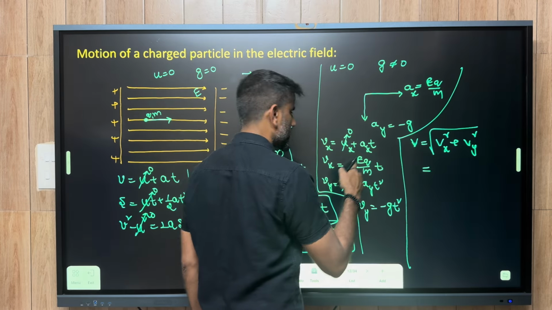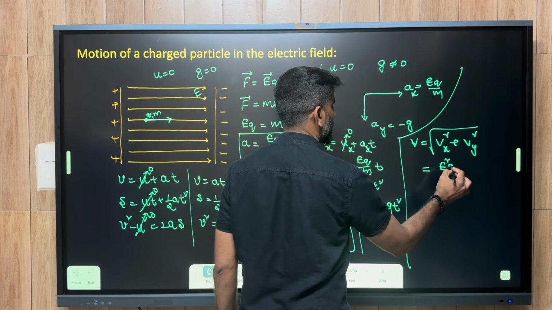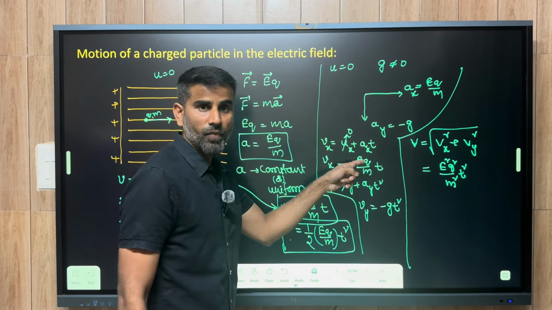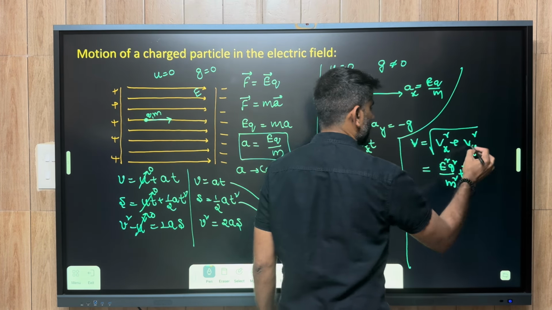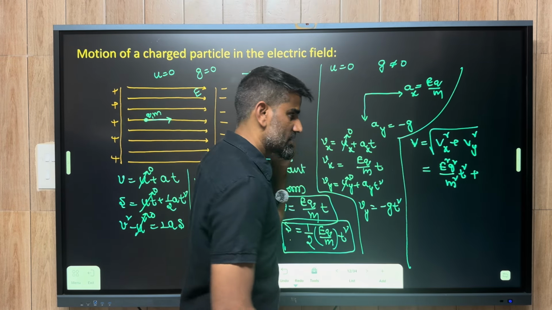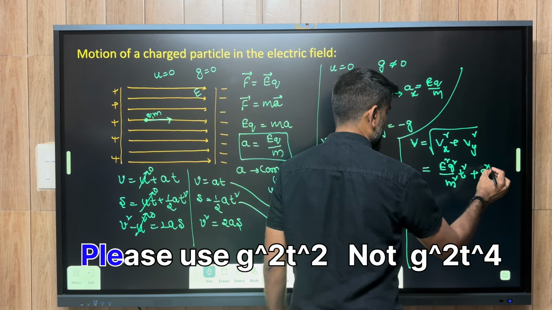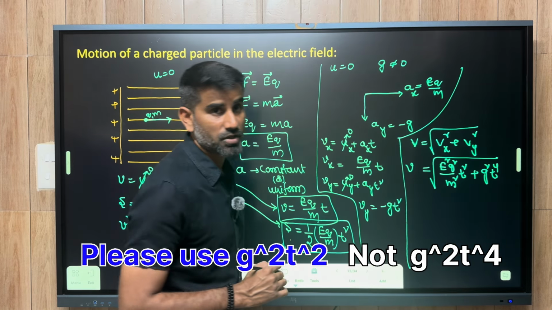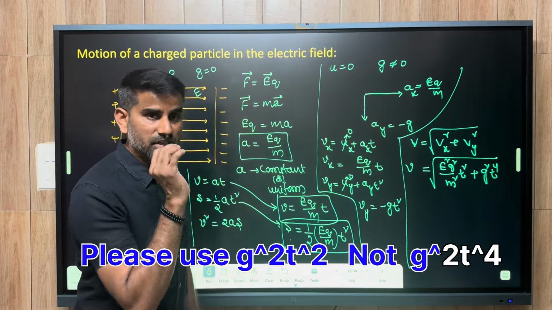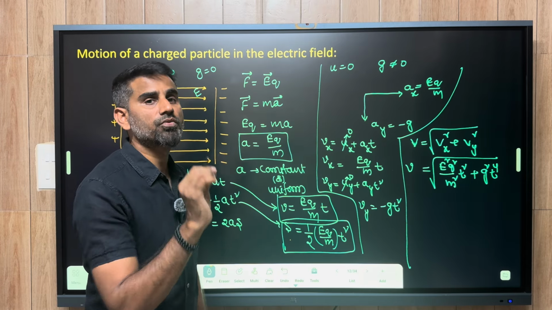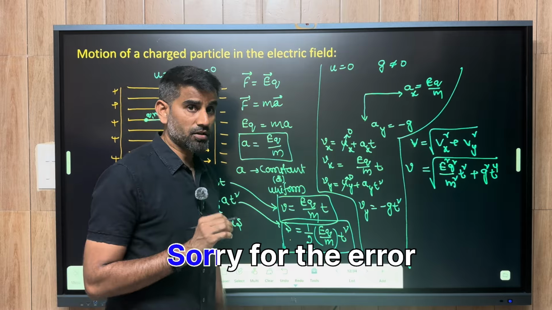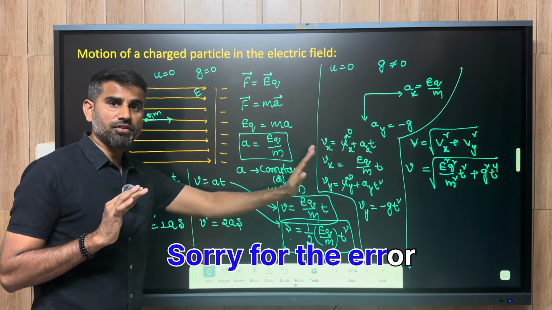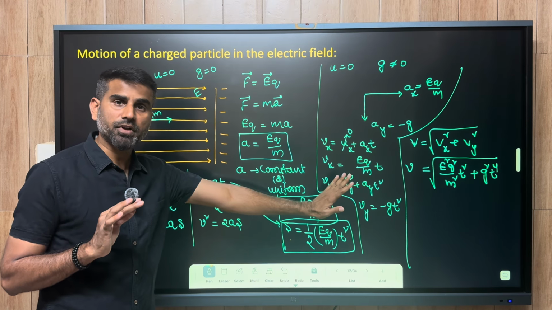We know vx, how much is it? eq by m into t, that means e square q square by m square into t square, plus vy square, which is g square t square, all under the root. So this is the expression for the velocity of the charged particle, which is initially left at rest in the uniform electric field where gravity is considered. Hope the steps that I followed are clear to you, right?